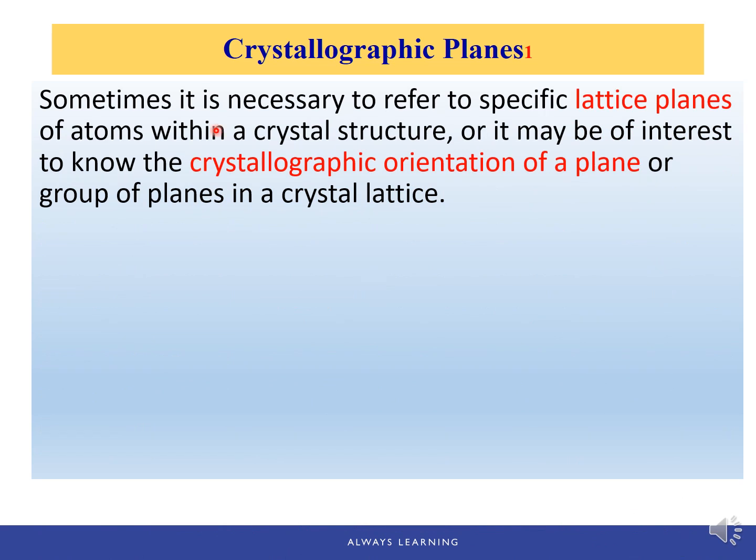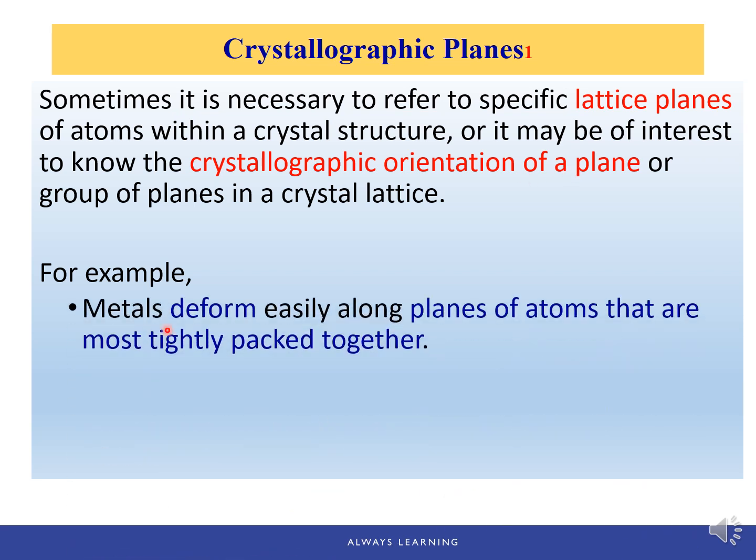Sometimes it is necessary to refer to specific lattice planes of atoms within the crystal structure, or it may be of interest to know the crystallographic orientation of a plane or groups of planes in a crystal lattice. There are many reasons why we need to identify certain planes, but let's name a few. For example, metals deform easily along planes of atoms that are most tightly packed together.